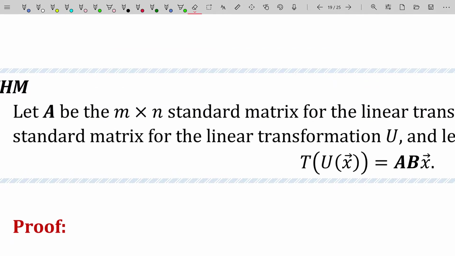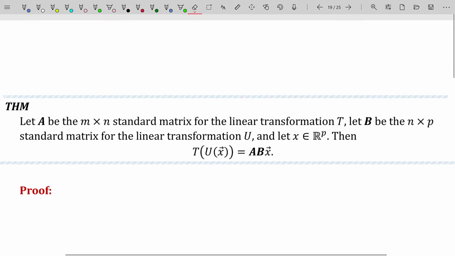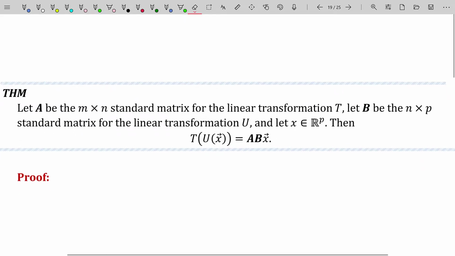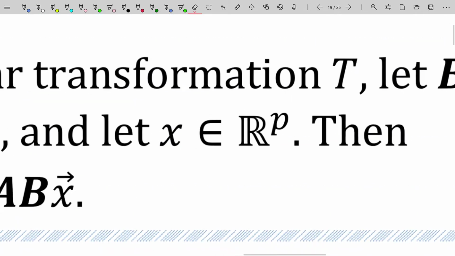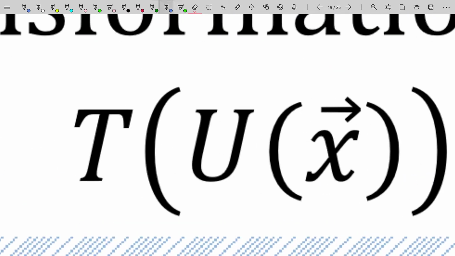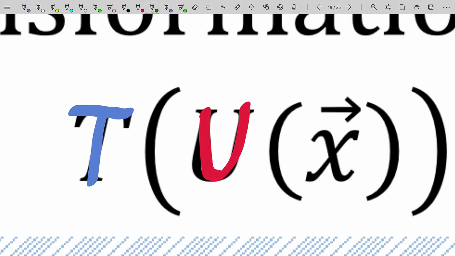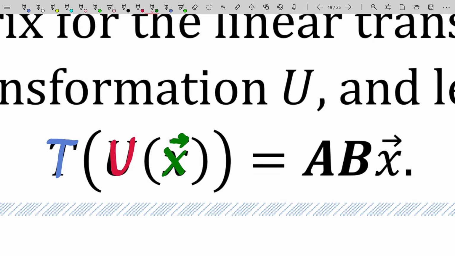If A is the m by n standard matrix for the linear transformation T, and B is the n by p standard matrix for the linear transformation U, and X is any vector in Rp, then the composition of the linear transformation T with the linear transformation U acting upon the vector X, remember, the standard matrix for T is A, the standard matrix for U is B. That's actually going to be A times B times X.